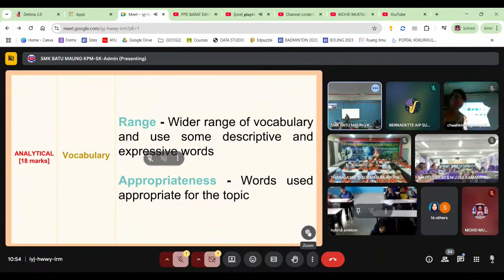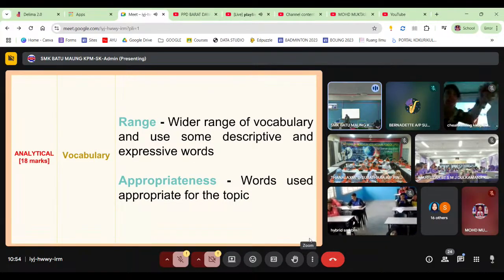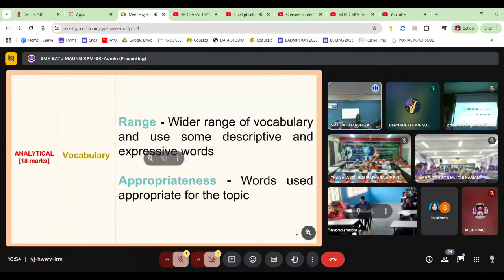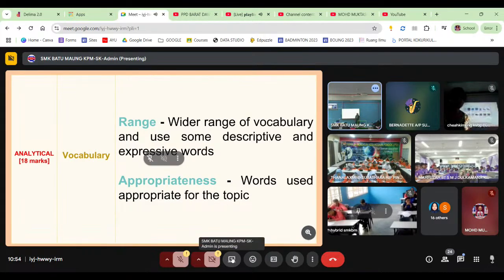Alright, and number 2, make sure the words that you use are appropriate, kesesuaian kosakata. That is what we will be assessing when we listen to your speaking response.